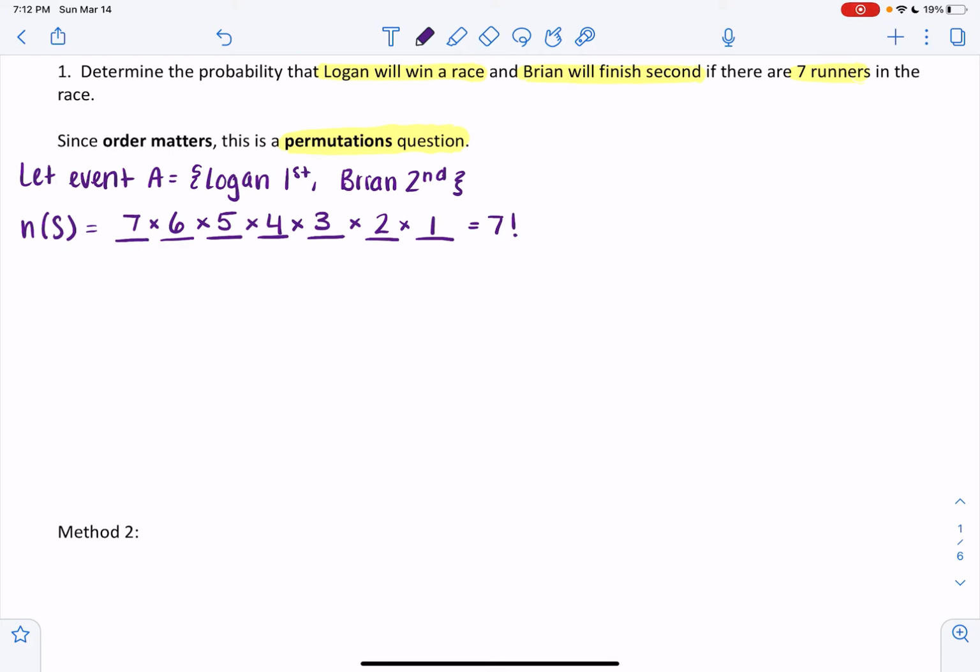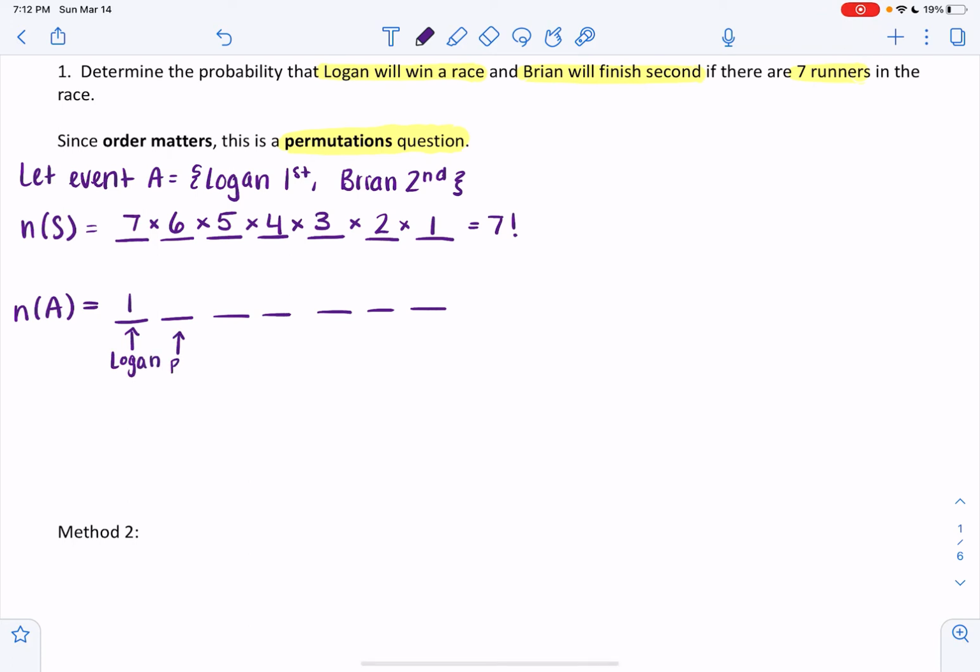Now, in order to calculate probability, we also need the number of elements in our event space, or in other words, the number of ways event A can happen. So again, I'm going to write out my 7 spaces. 1, 2, 3, 4, 5, 6, 7. Now we have a few restrictions this time around. We must have Logan in first here, so there's only one way to do that.